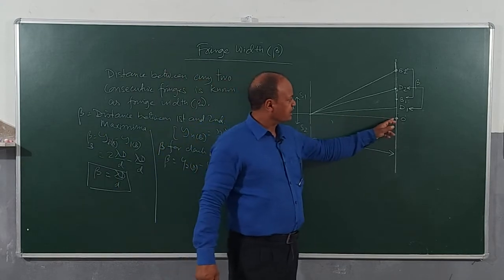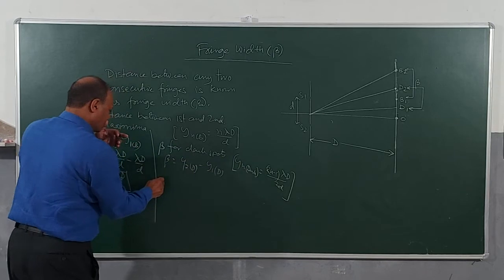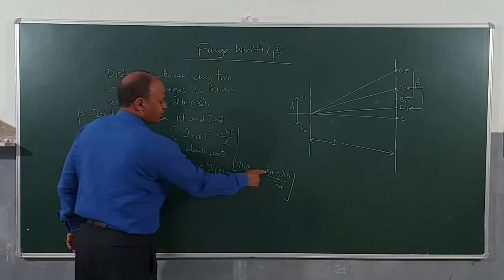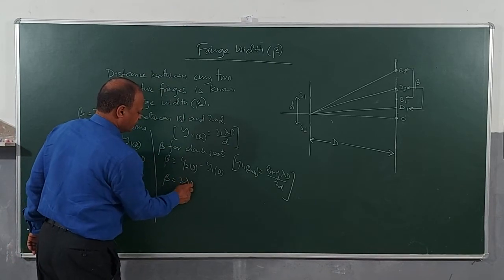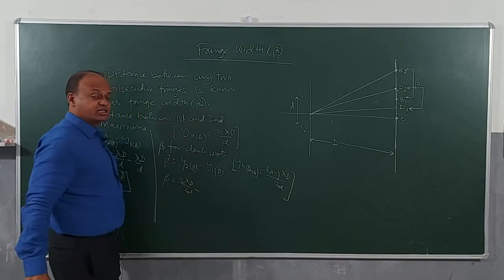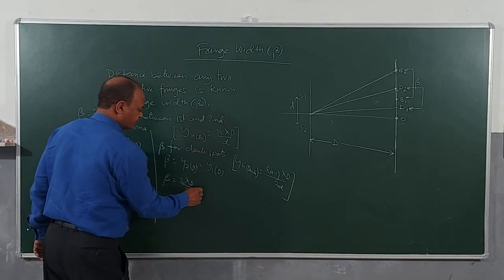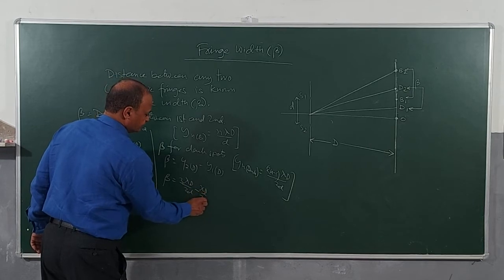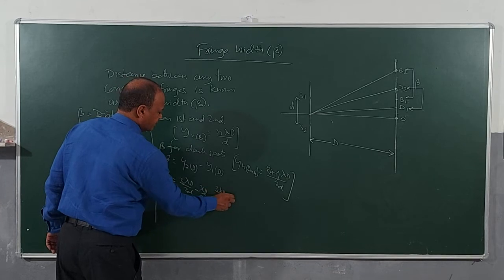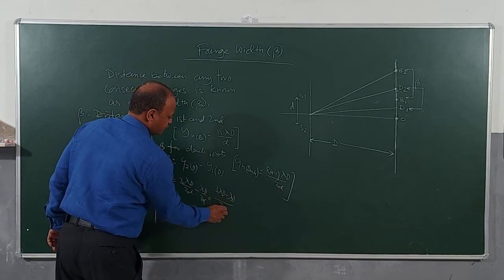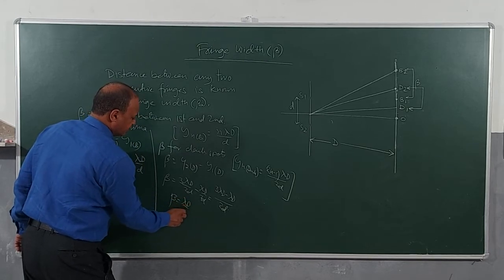If I put n is equal to 2, children, then it is (2 times 2 minus 1), 3 lambda D by 2d. Now, if I put n is equal to 1, 2 times 1 minus 1 is 1, so 1 lambda D by 2d. So, it becomes 3 lambda D minus lambda D by 2d, and eventually beta we get is lambda D by small d.